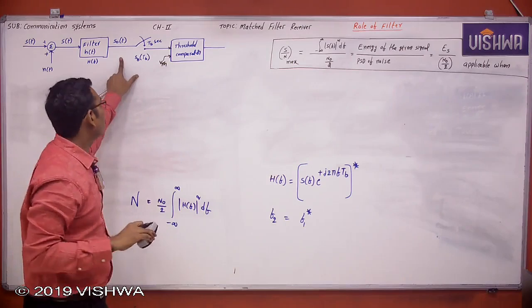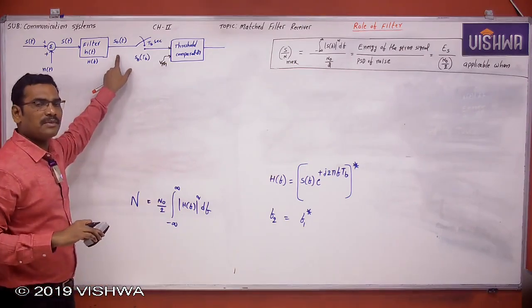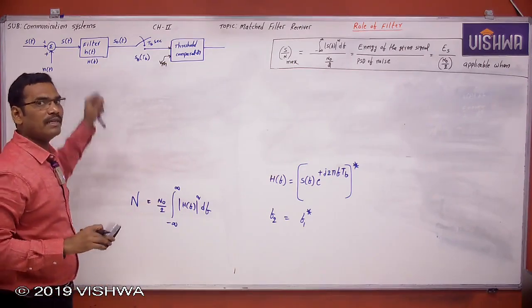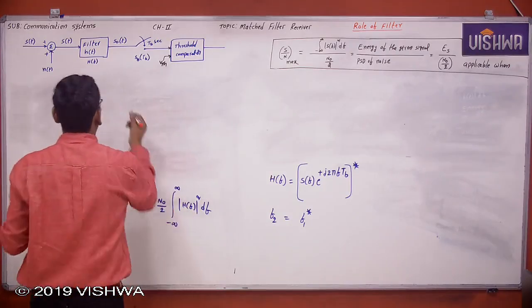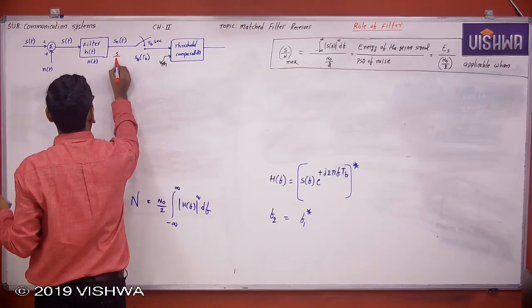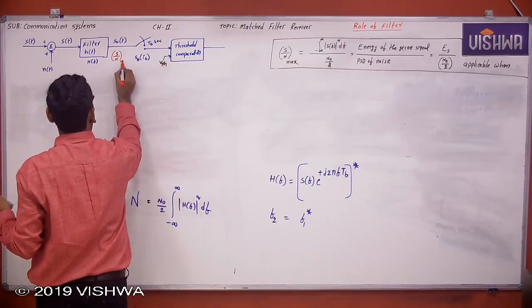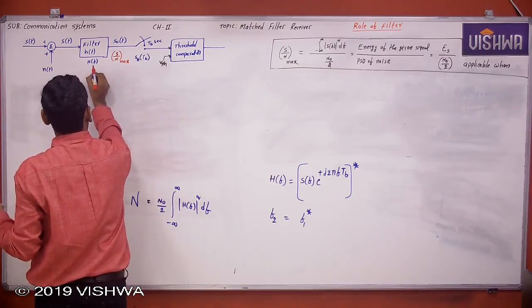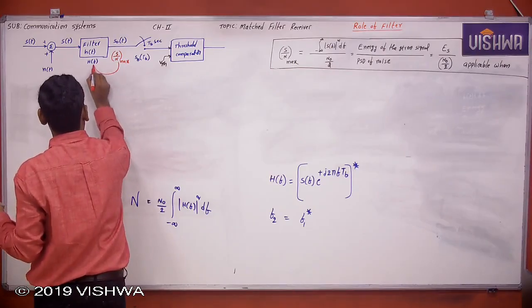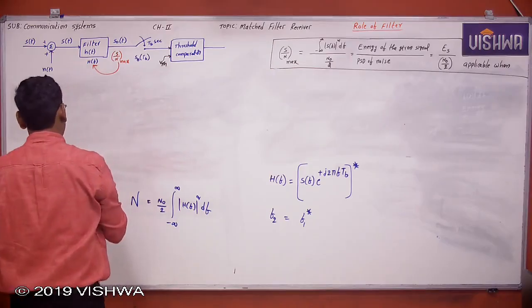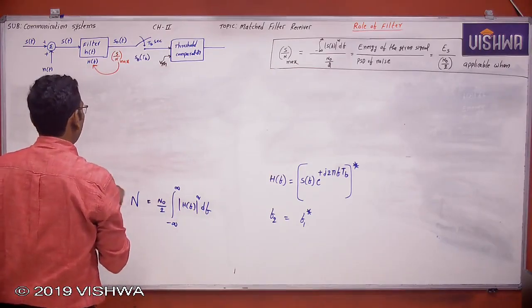Now my question is, to get this maximum signal to noise ratio, what should the filter characteristics be? Such that we get the maximum signal to noise ratio, how is the filter characteristic or impulse response designed? What is the filter's impulse response?